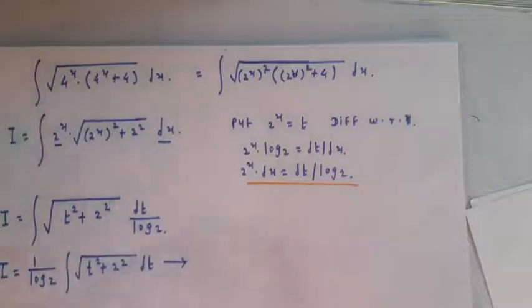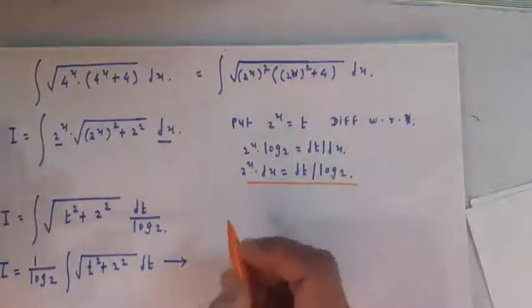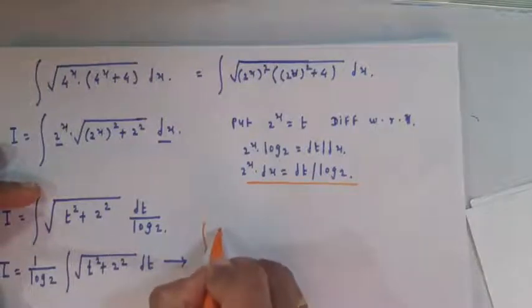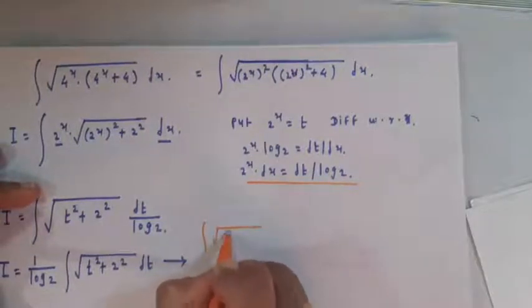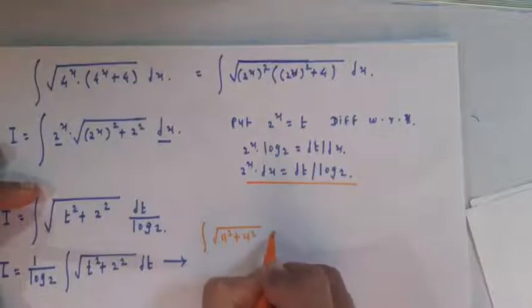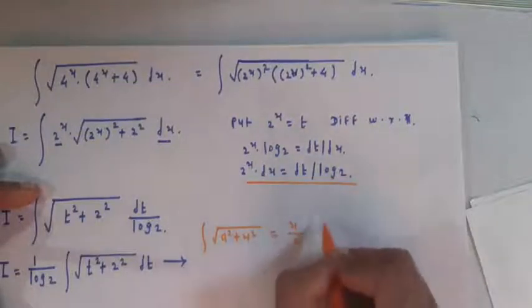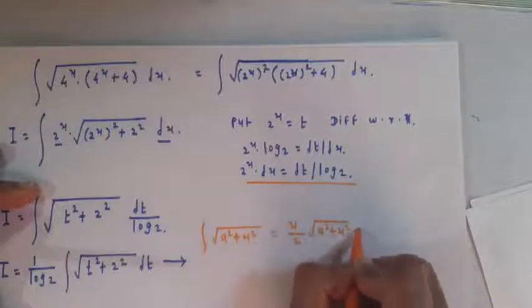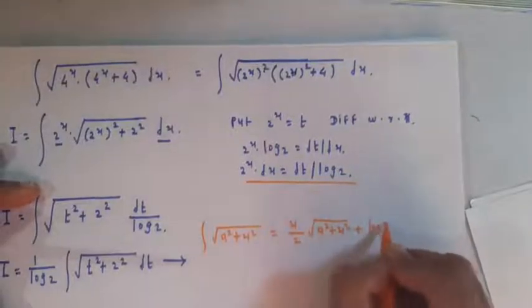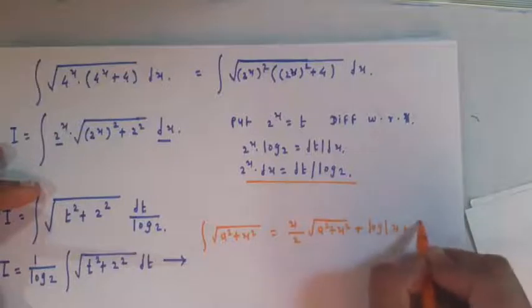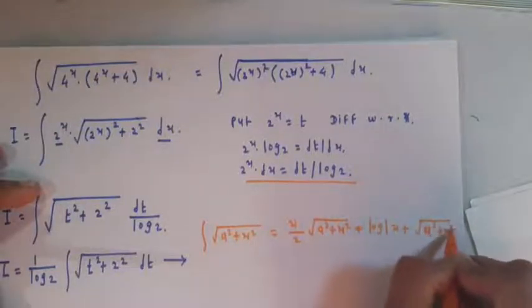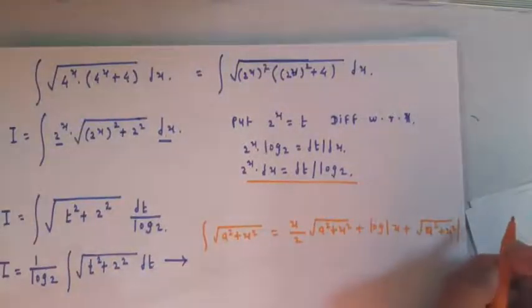This is by using the formula: integration of square root of a square plus x square is x by 2 square root of a square plus x square plus a square by 2 log of x plus square root of x square plus a square, plus constant of integration c.